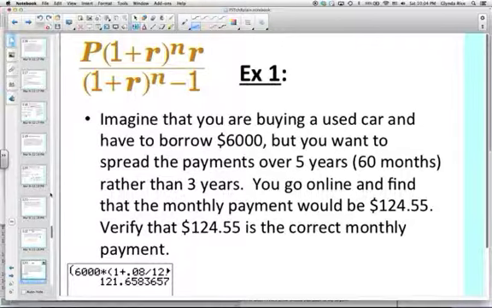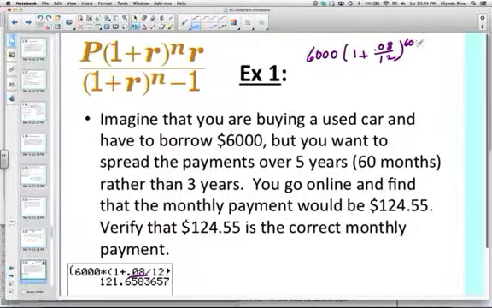So we're going to write out our formula. We borrow $6,000. 1 plus, do we have an interest rate? Looks like we'll experiment with an 8% interest rate. So 0.08 over 12.